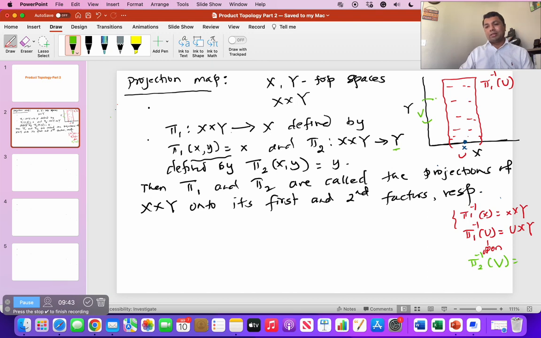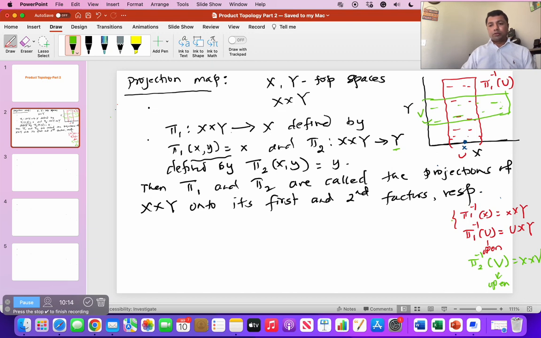If you take the inverse image of V, you take the Cartesian product of V with the whole topological space x, and it's going to be like this rectangle here, okay. So this is the inverse image of V, which is x cross V. Now here x is the whole topological space, and if V is open, then obviously this x cross V is also going to be open.